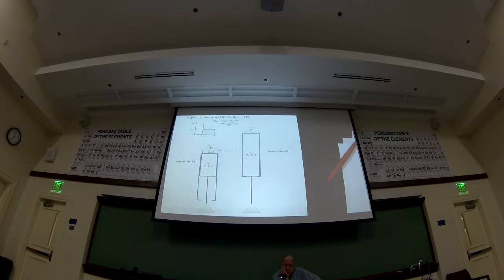It takes work to lift the mass. Work is a flow of energy. Where did that energy come from? The gas? Yes, but what specifically? What part of the gas? It came from the kinetic energy of the gas molecules.